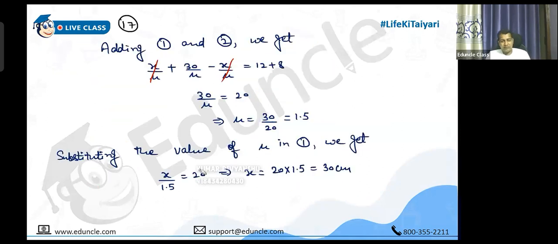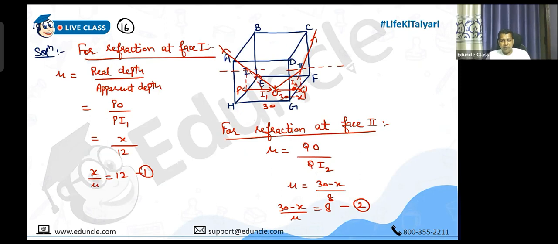It was 12, sorry. That's what I was thinking, that it is appearing to be at phase. So 18. It means it is 18 centimeter from phase 1 and 12 centimeter from phase 2.